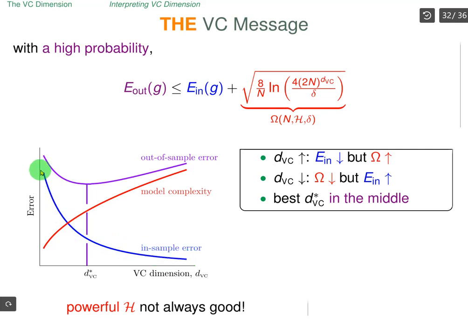So we observe a decreasing, or exponentially decreasing, in sample error. What about out of sample error? We see that as the hypothesis VC dimension increases, out of sample error also increases. This is something that we want to avoid.